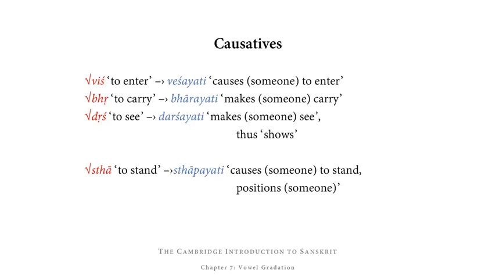That's not really recognizable as a causative, and it's perhaps because of that that we then find a slightly different formation of the causative, namely, whenever the root ends in long a, p is added behind it, and after that we then find the aya added. So sthā gives you sthāpaya, and for example, a third person singular sthāpayati, meaning he causes someone to stand or he positions someone.